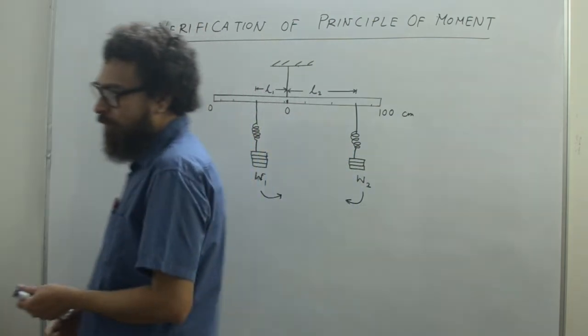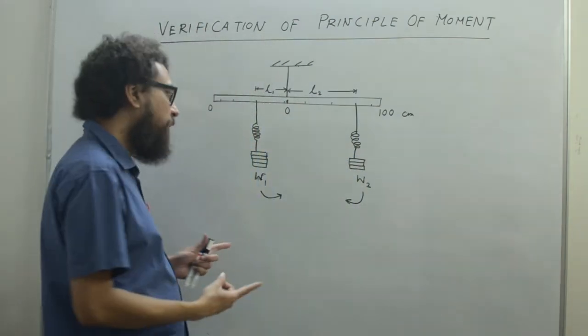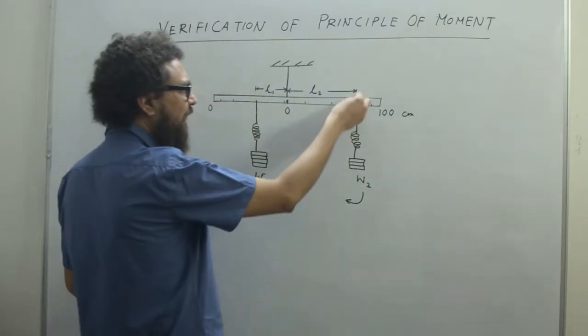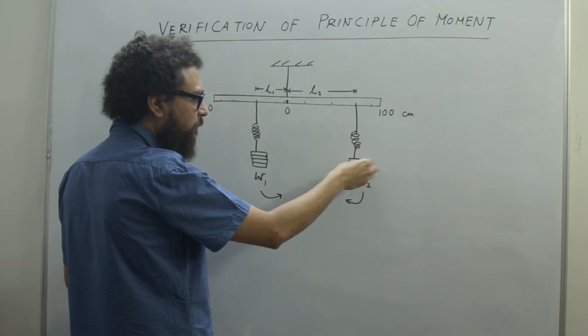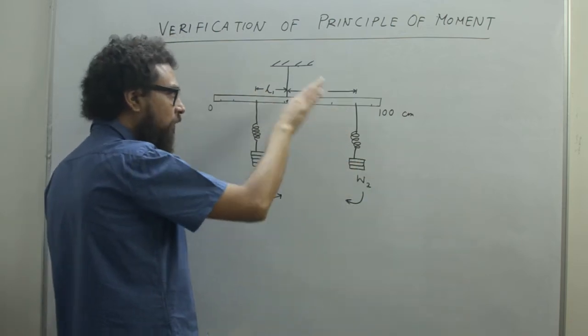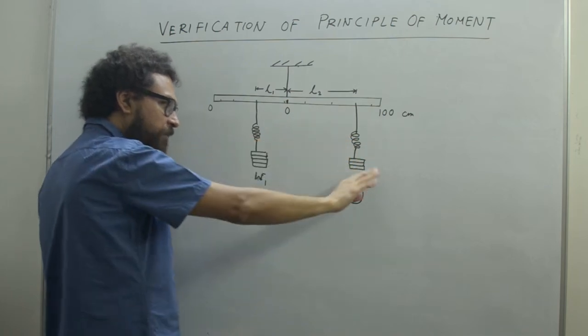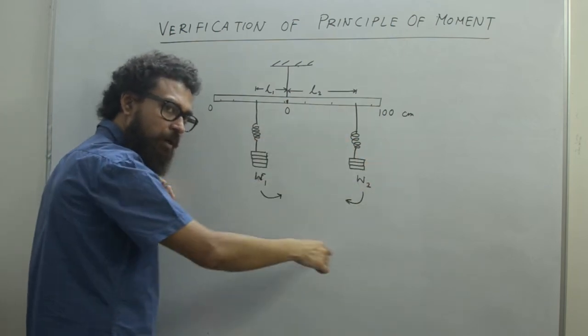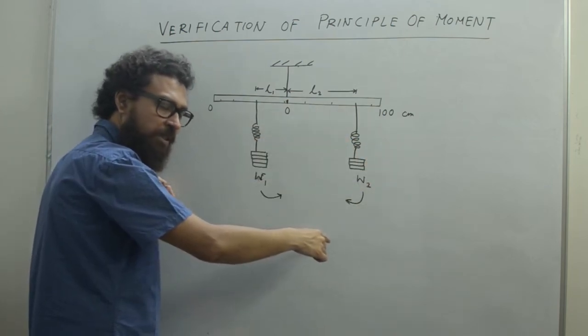Now, using two spring balances, I'll attach some weight W2 on this side, and the scale will tilt like this because it shows the clockwise turning effect.